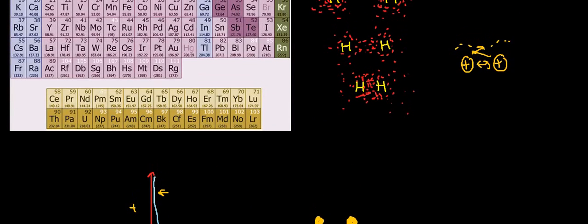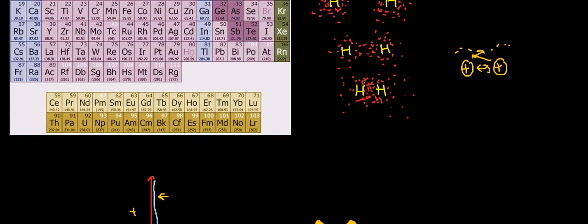Now in this case, I have two hydrogen atoms sharing electrons, so they're going to share them evenly. Each one of these atoms has the same amount of pull. But later on, what I'm going to learn about is that there are different types of covalent bonds, one of those being polar covalent bonds. Something like this.